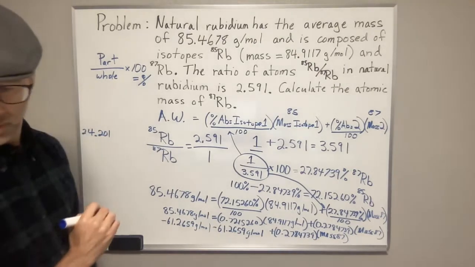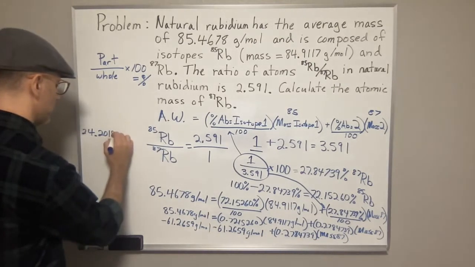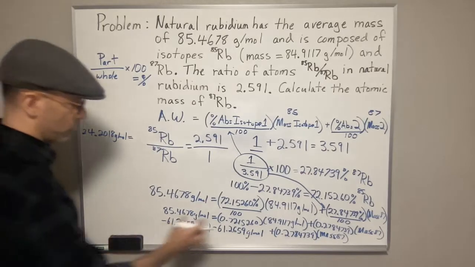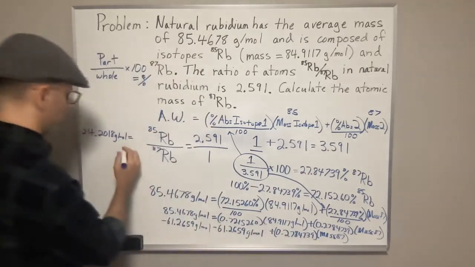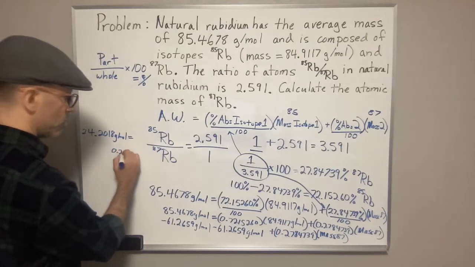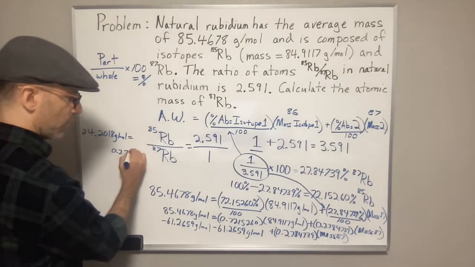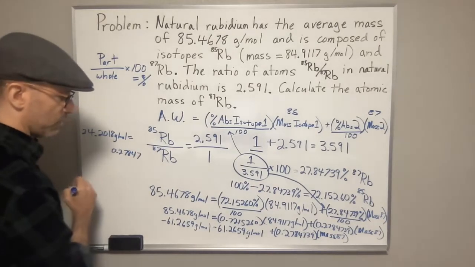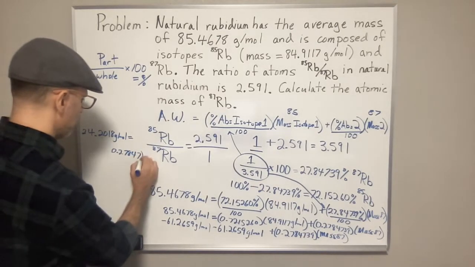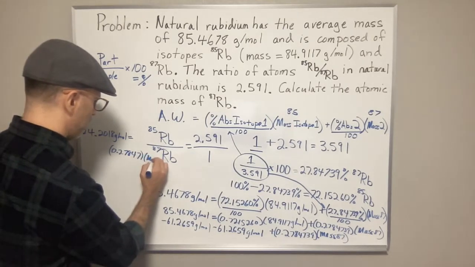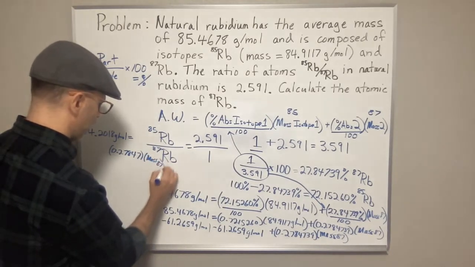And now that is going to be equal to this part here. So that's going to be equal to 0.27847. I'm going to just stop it at the 7. We don't need that many digits. That, and then multiplied by the mass of 87.